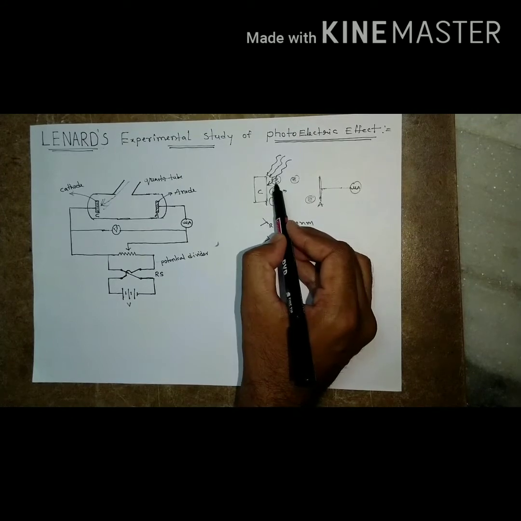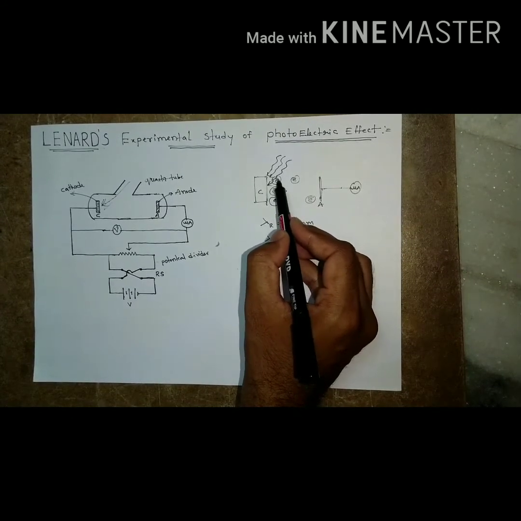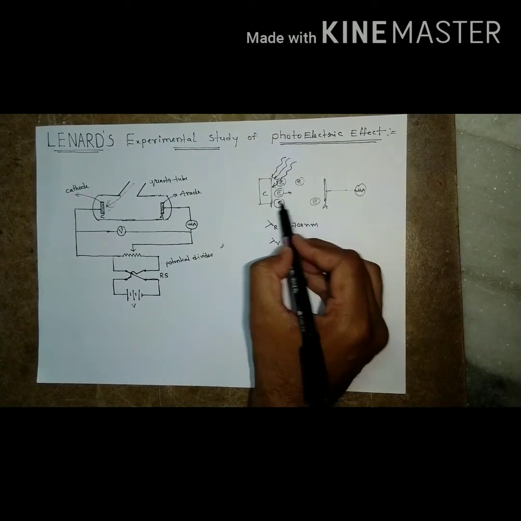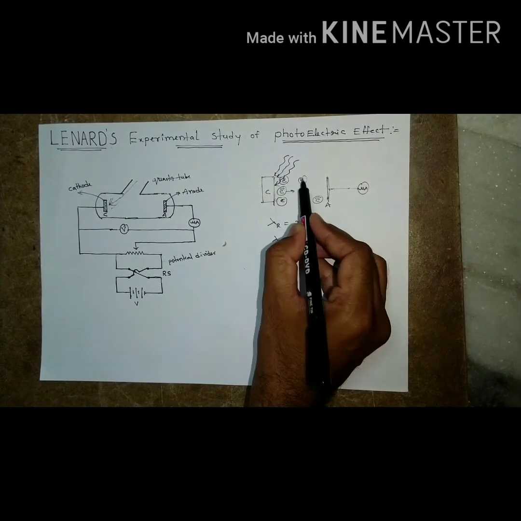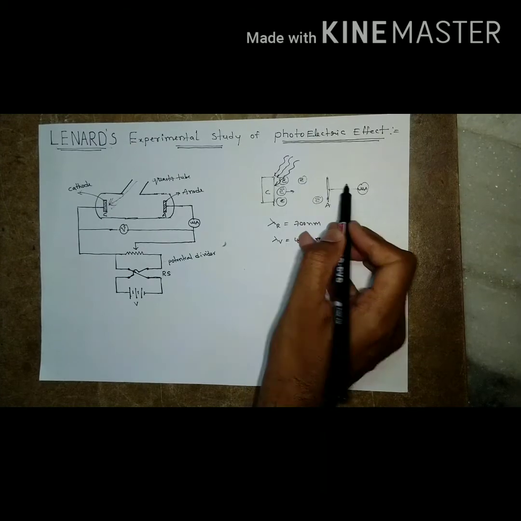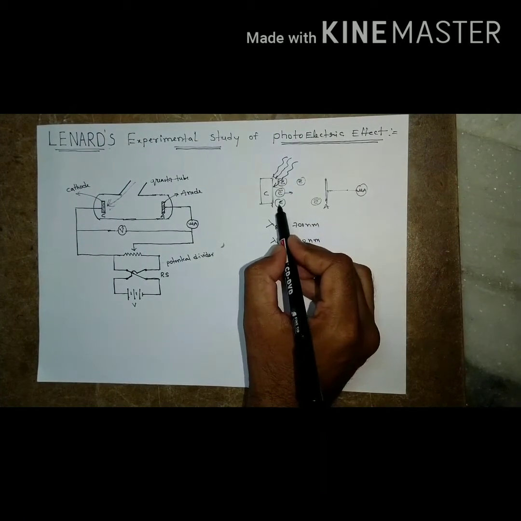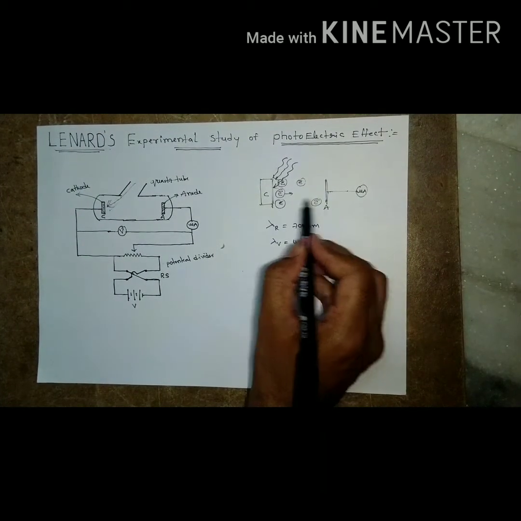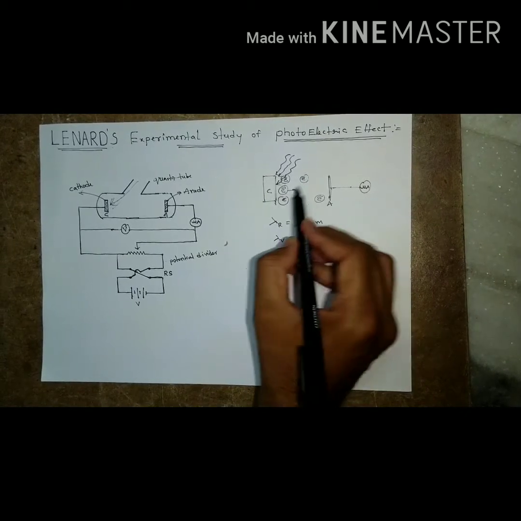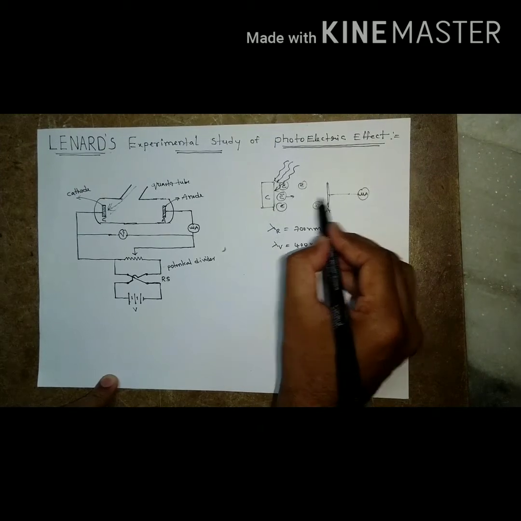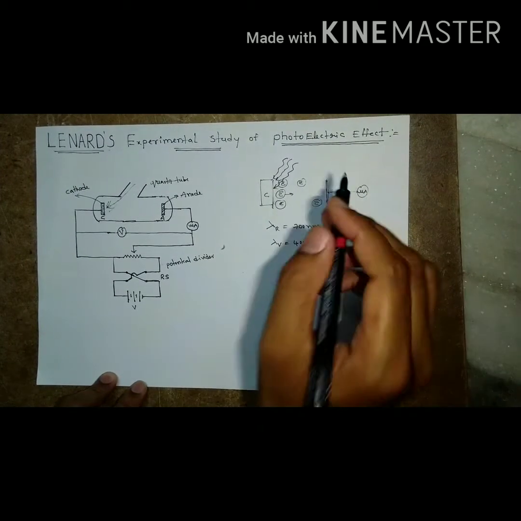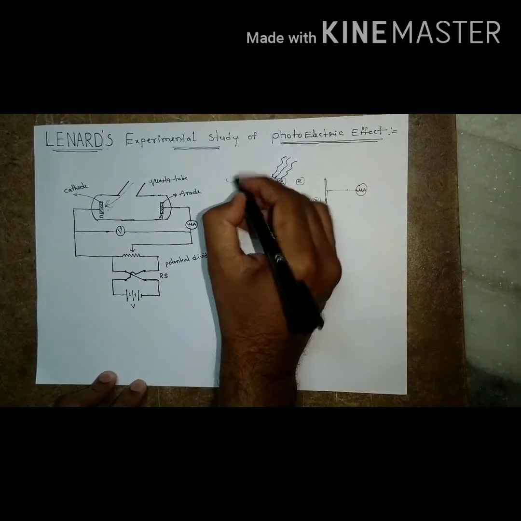This is a less energetic electron, this is a medium energetic electron. The less energetic electron comes to rest before reaching the anode, and the medium energetic electron also comes to rest before reaching the anode, but this high energetic electron reaches the anode, and the current passes through the circuit. This is case 1.